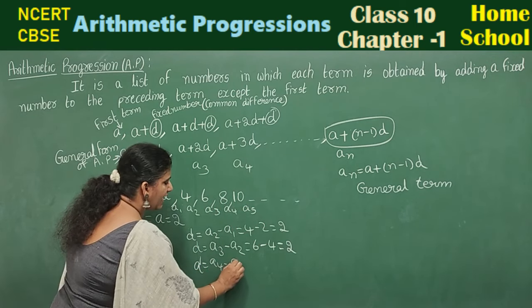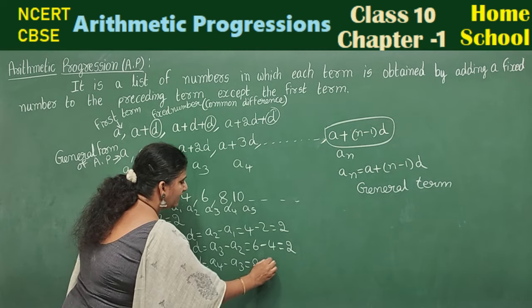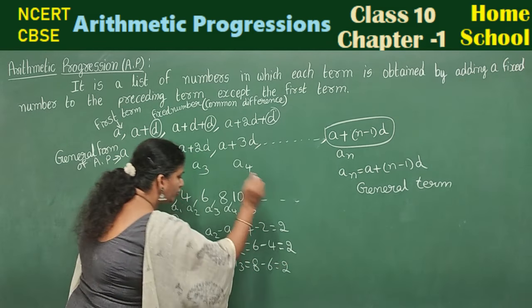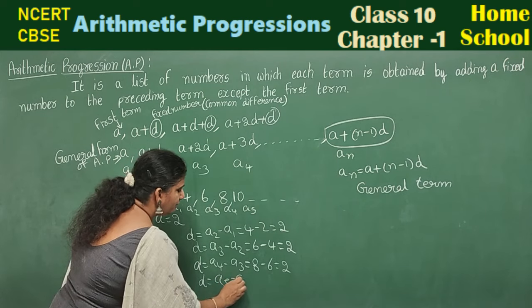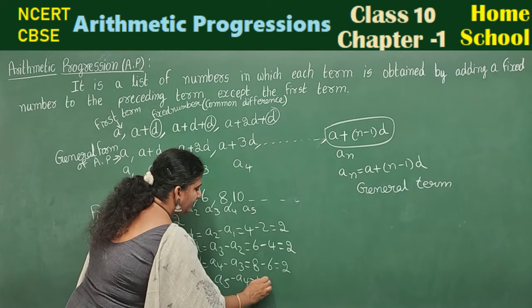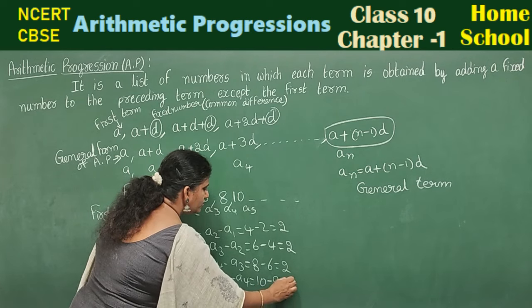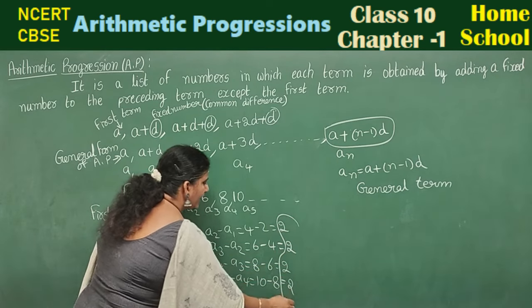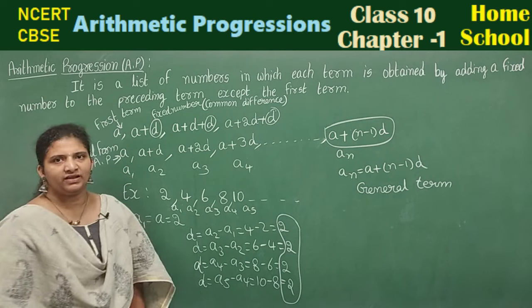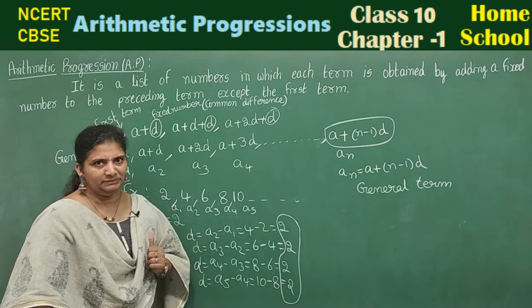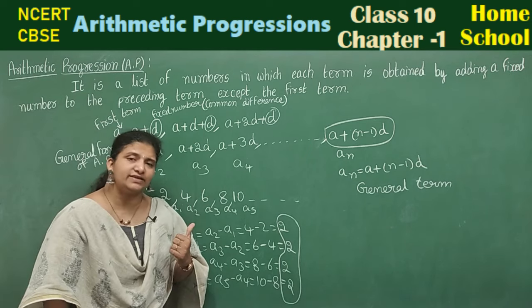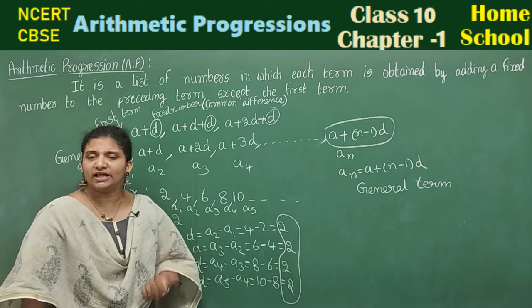And the next pair, A4 minus A3, 8 minus 6. That is also 2. And go with another pair, A5 minus A4, 10 minus 8. So look here, you get the same answer. Every number is obtained by adding a fixed number. How to find that fixed number? What do we call that fixed number?